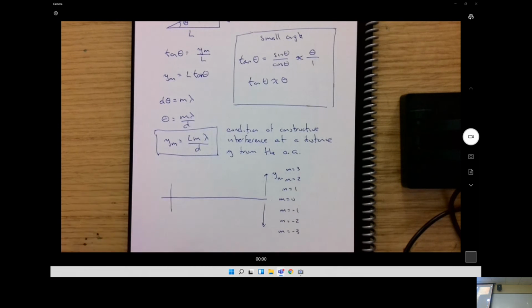At these points, you're going to have a bright fringe on your interference pattern. Now notice that regardless of wavelength, regardless of the distance between your slits, regardless of anything, at m equals 0, along the optical axis, you're always going to have a bright fringe.